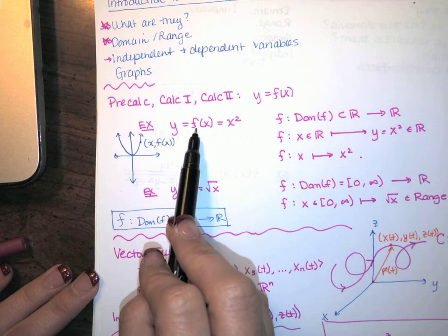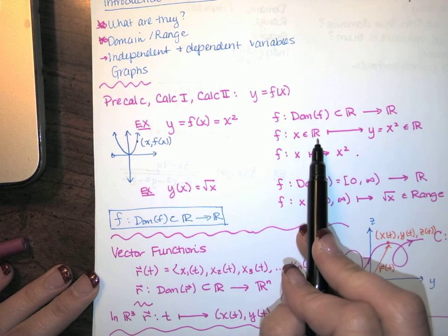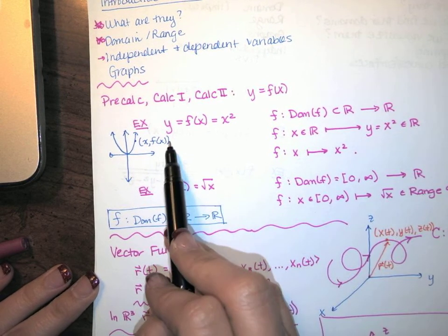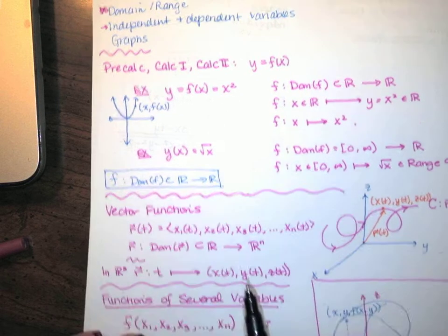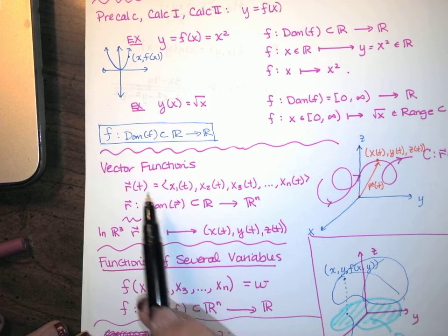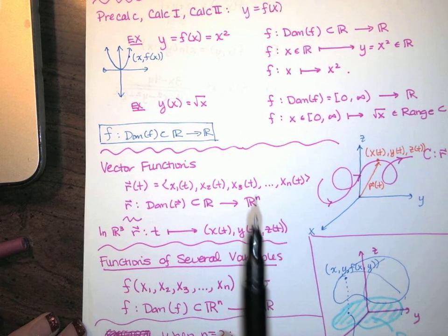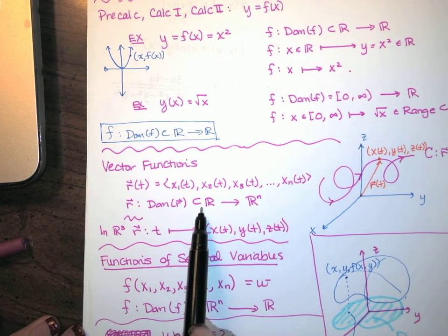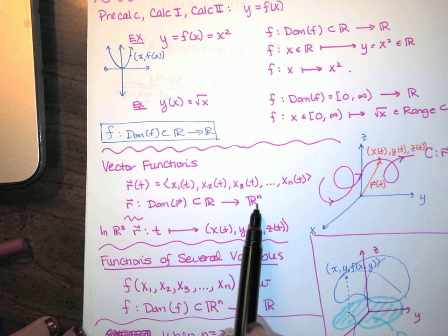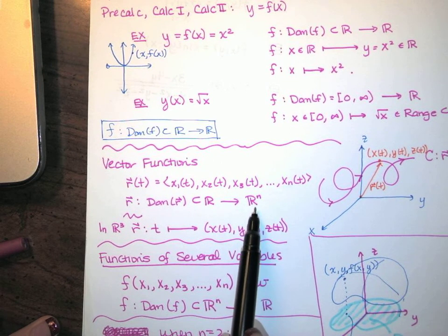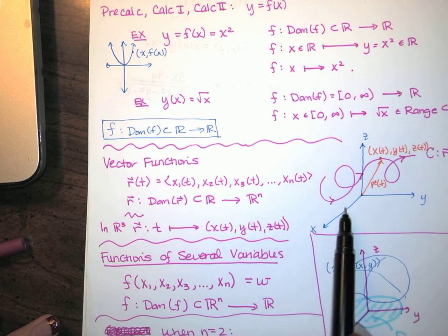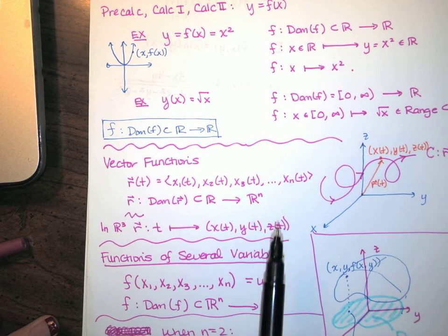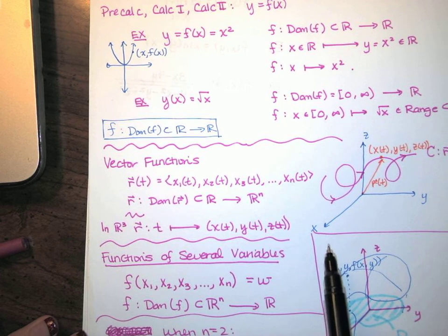Since this was a function of one variable and it mapped from one real number to another real number, the graph lived in two-dimensional space. Over here, there is no t-axis, but this graph lives in n-dimensional space. For every t in the domain, I get some point in Rn, some ordered n-tuple. So it'd be an ordered pair, or an ordered triple, or an ordered n-tuple if I'm in n-dimensional space.